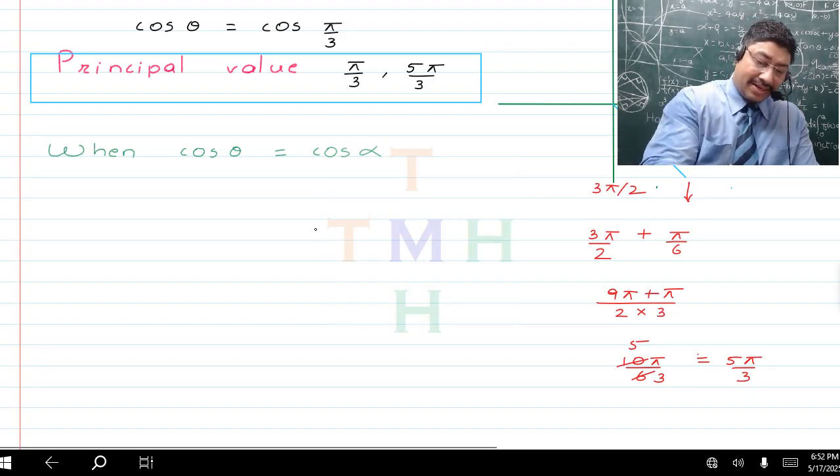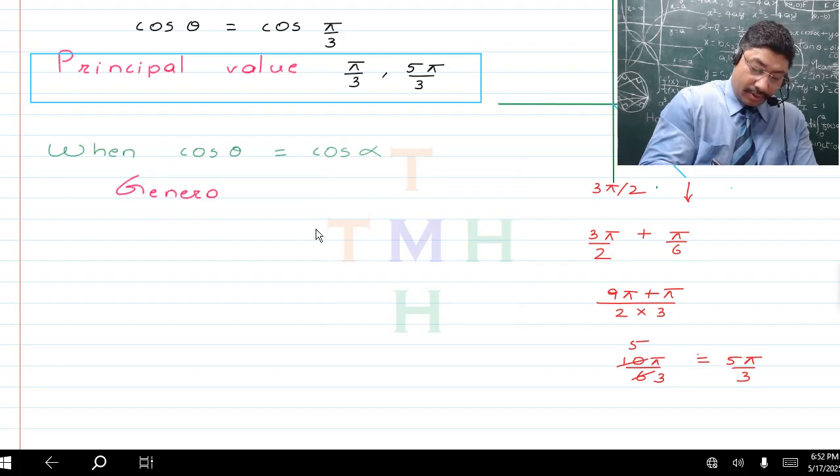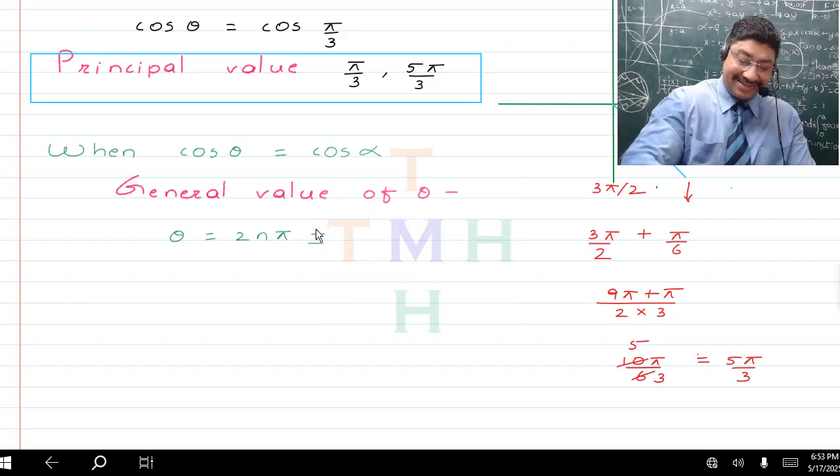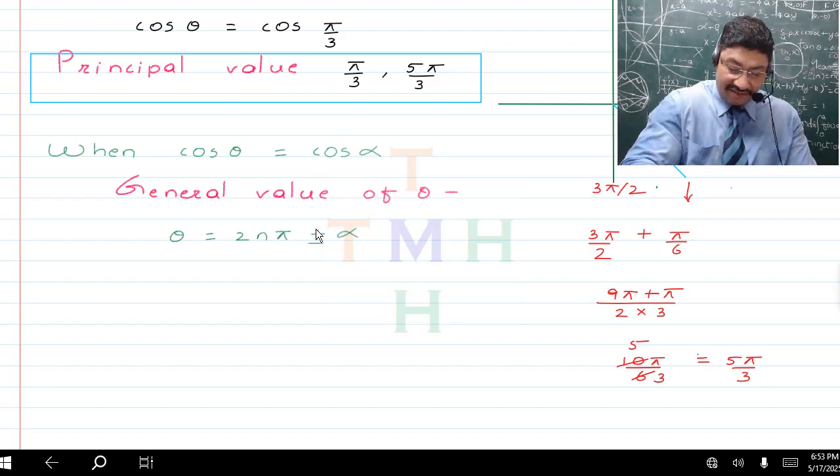So you can say that the general value of the angle theta will be given by a formula, which is theta is equal to 2n pi plus minus alpha, as alpha here is the angle.